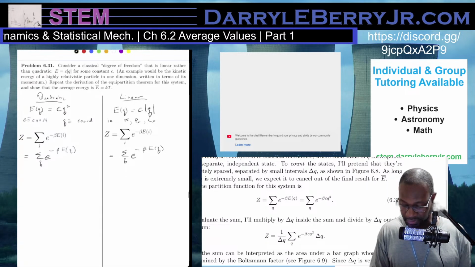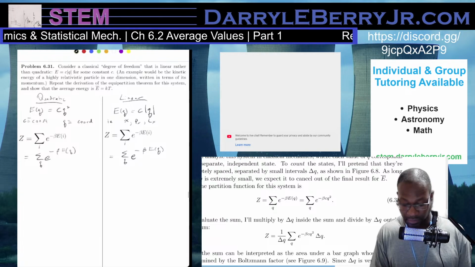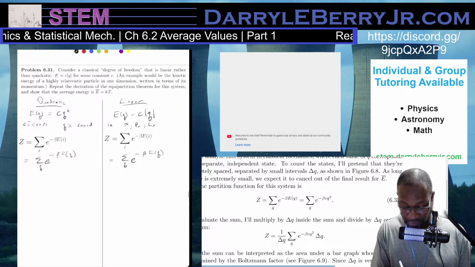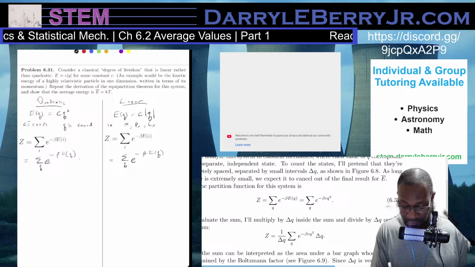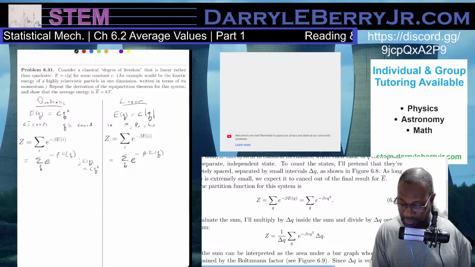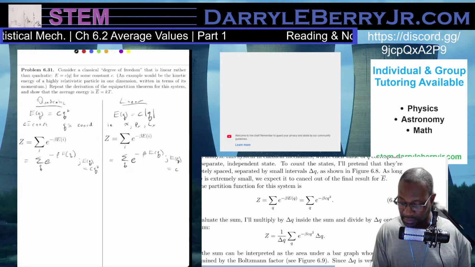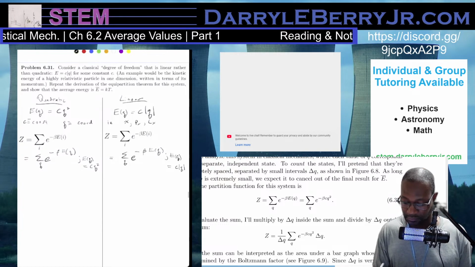So what they did here was insert the actual energy. For the quadratic, E_q equals c q squared. Here, E_q equals c times absolute value of q.